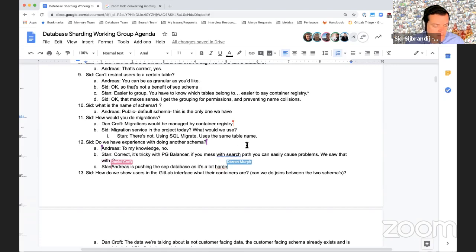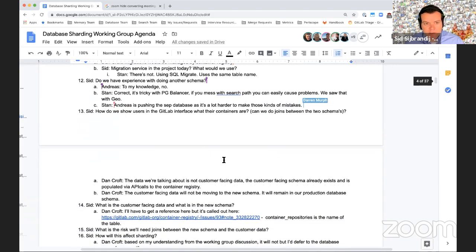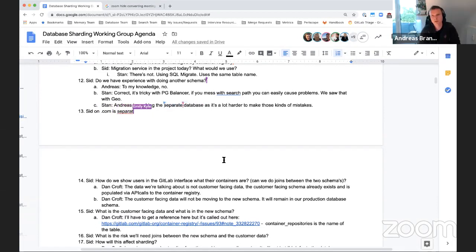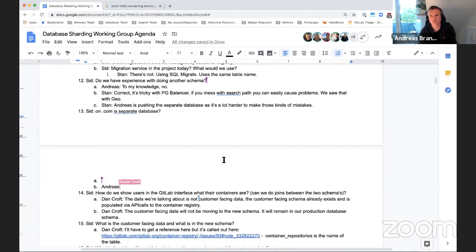Okay, so I assume that on GitLab.com it might be a separate database, and for self-managed it wouldn't be a separate database. Is that where we're going, or is that still up in the air? For GitLab.com, I think we already know that we have concerns adding that workload to the existing cluster. So that's why we would have to keep that separate.